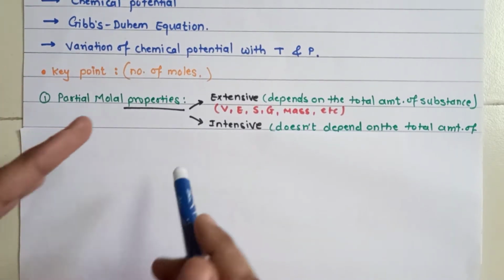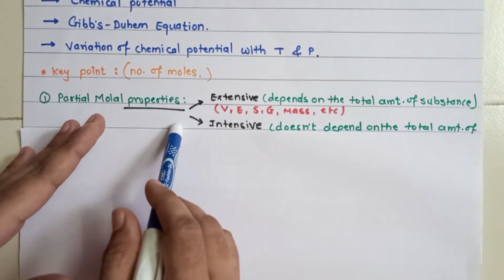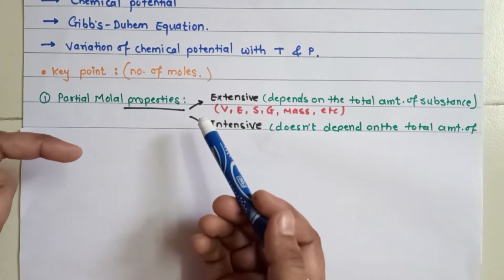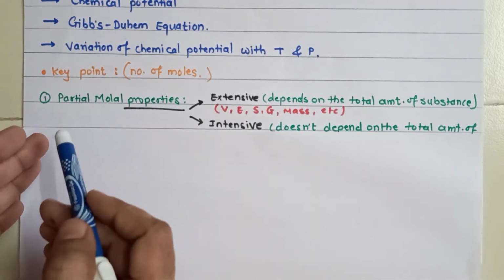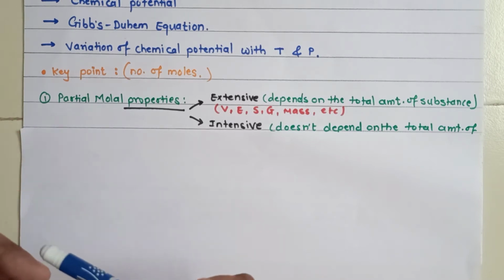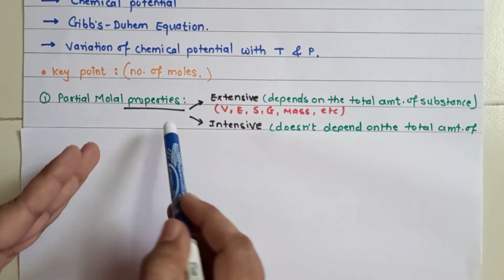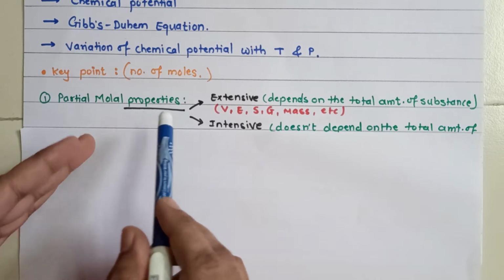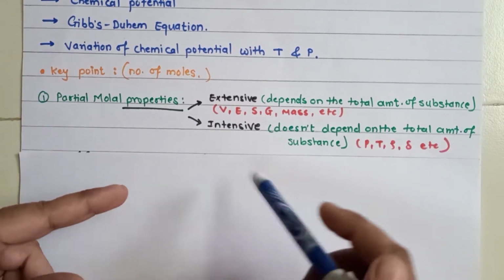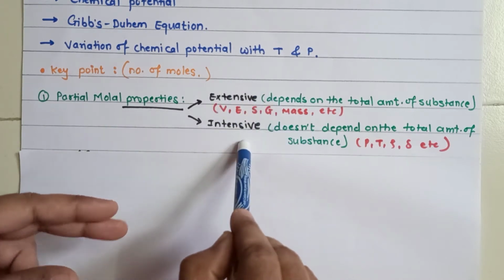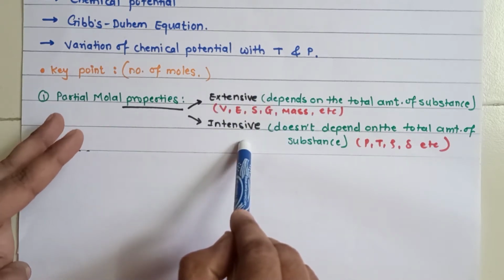Now when we talk about thermodynamic properties, तो पहले हम लोग बेसिक प्रॉपर्टी समझते हैं, then following that we understand what a partial molar is, and why we have to study partial molar properties. The simple reason is that thermodynamic properties are basically categorized into two parts: first the extensive property and second the intensive property.